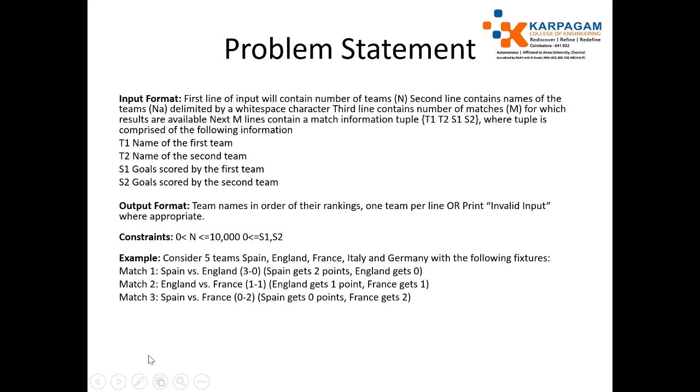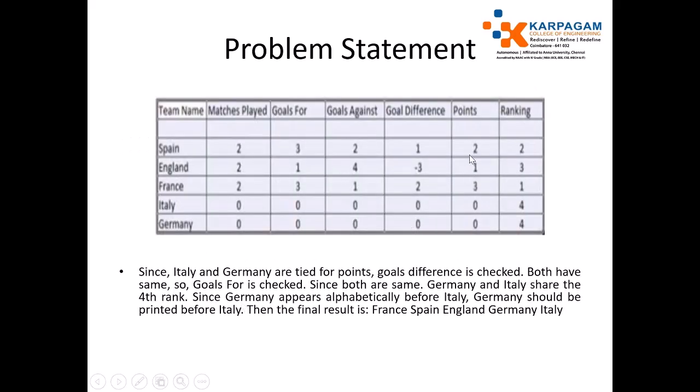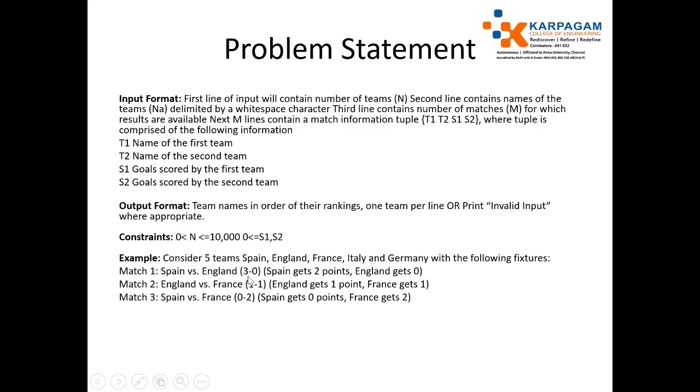Again, Spain played with France, so it loses the game. So it didn't get points, and stays at 2. Matches played is 2. It didn't score anything, so 0. So 3 plus 0 will be 3 goals for.